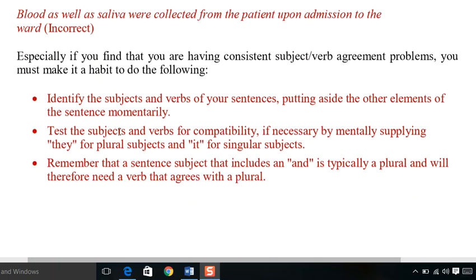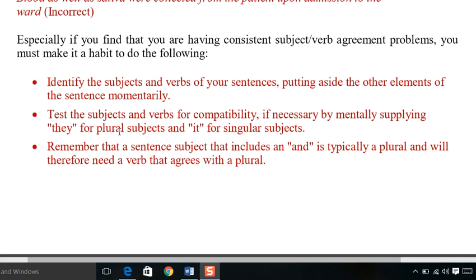Clear? Here are some guidelines for you when you are going to offer a verb to a subject. Identify the subjects and verbs of your sentences, putting aside the other elements of the sentence momentarily.